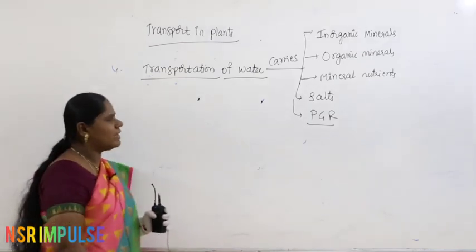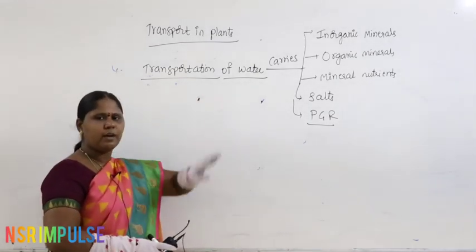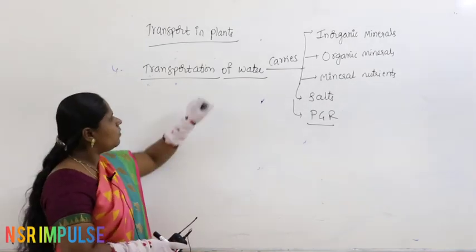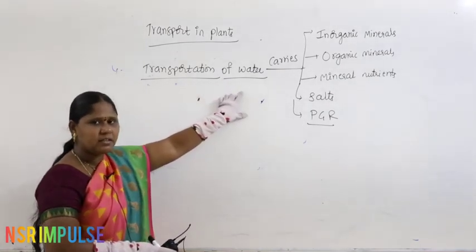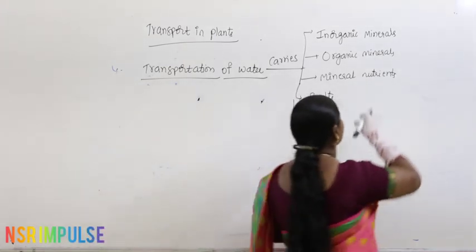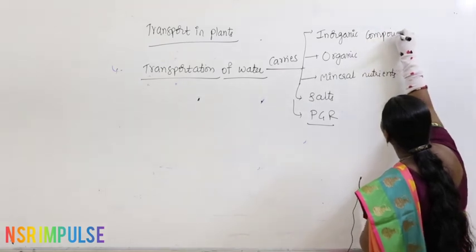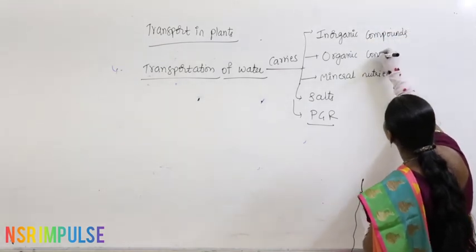What are the things water will carry? There is transportation of water within the plant from one place to another. What does this water carry when it is getting transported? Better you write down: inorganic compounds and organic compounds.